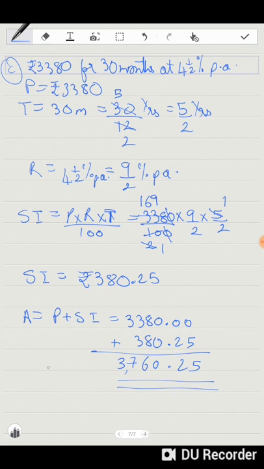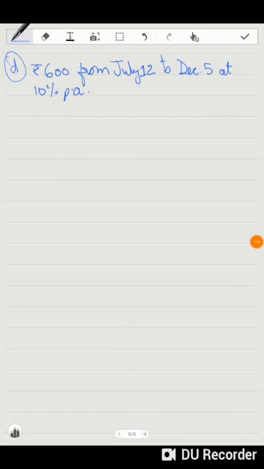So my answer is, amount is rupees 3,760.25. Clear?